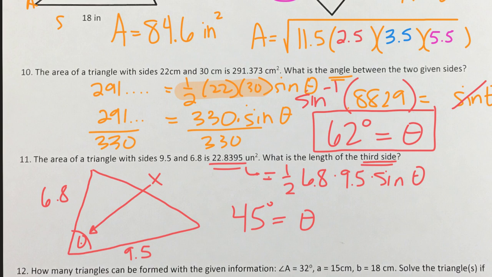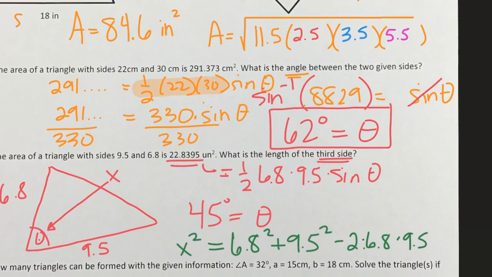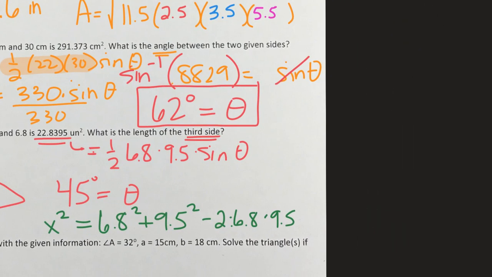Now that I know that, I can come back and use my law of cosines in order to find the side across. So 6.8 squared plus 9.5 squared minus 2 times 6.8 times 9.5 times the cosine of 45.